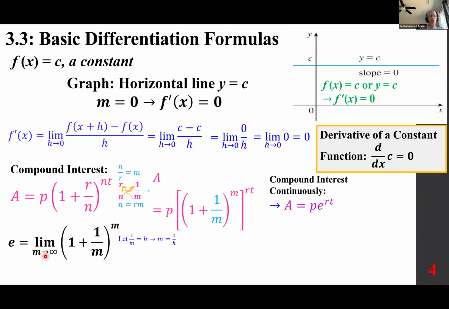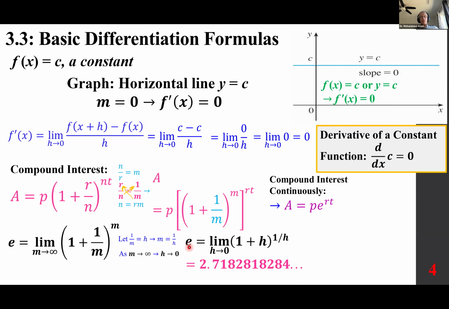Let's say 1 over m is some variable such as h, then m is 1 over h. As m goes to infinity, h goes to 0. So this limit becomes e equals the limit of 1 plus h to the power of 1 over h as h approaches 0. As you know, e is an irrational number, just like pi. So 2.718, and it continues indefinitely. So when we truncate at 8, it's an approximation.